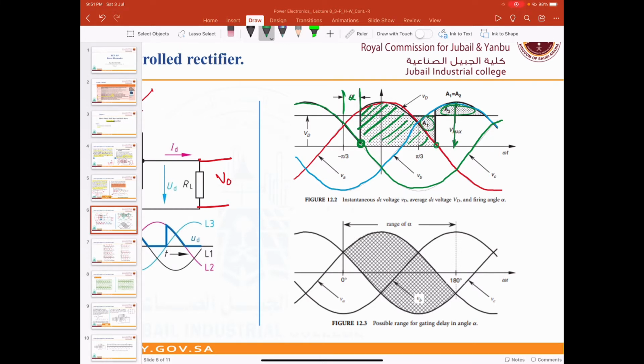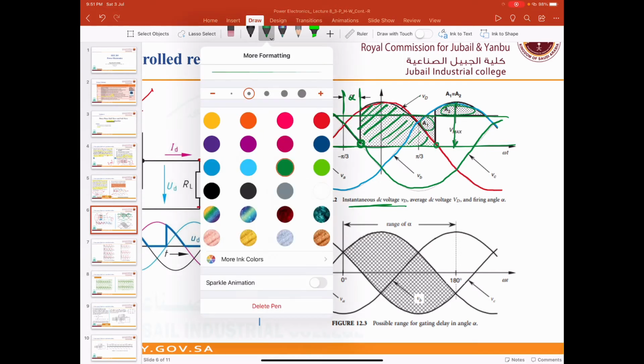Instantaneous DC voltage VD, this is the instantaneous here, from here to here. This is the instantaneous voltage. So up to here, guys, this is the instantaneous voltage. Now the average DC voltage is VD, right? And this is the VD here, guys. Let me use another color.